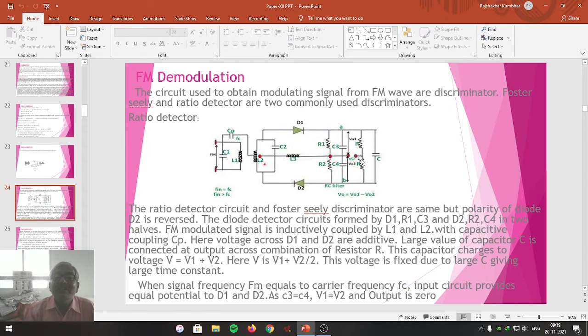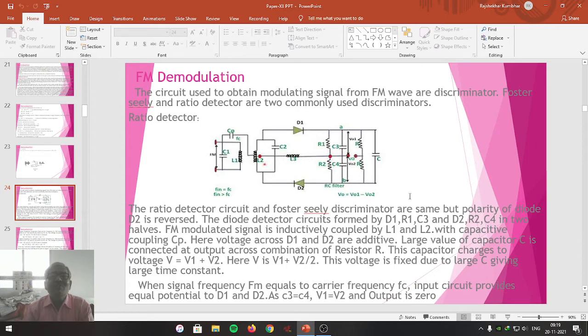Across this, you can get the output voltage in demodulated form. Actually, the output will be the difference between VO1 and VO2. VO1 is the voltage obtained in the upper half, whereas VO2 is the voltage obtained in the lower half of the circuitry. The difference between them gives you the demodulated output voltage. It contains only the original information.